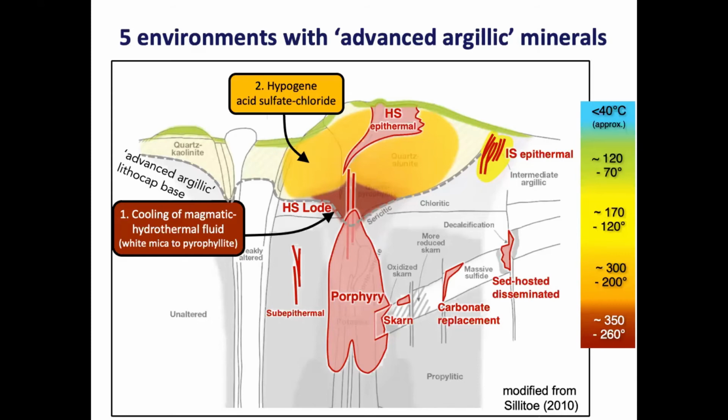So that's a good question, but one I cannot answer. Why is molybdenum very high in some high sulfidation deposits, but low in others?